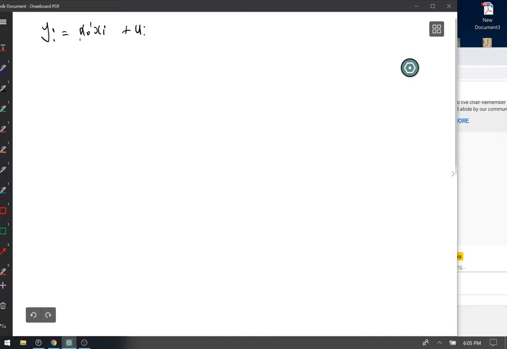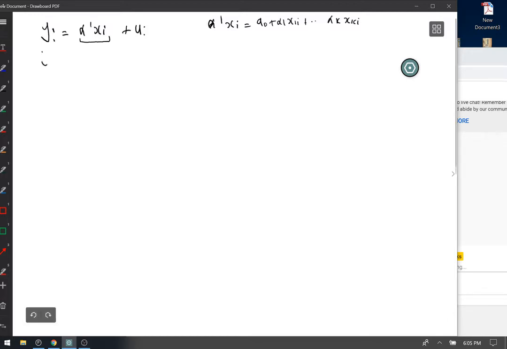This part's actually relevant for the question anyway. We're not so much interested in the linear bit. This alpha dash x_i, when you expand it all out, is just going to be a constant plus alpha_1 x_1i plus and so on. It's just a way of succinctly writing it in its vector form. So you sometimes see it written like this.